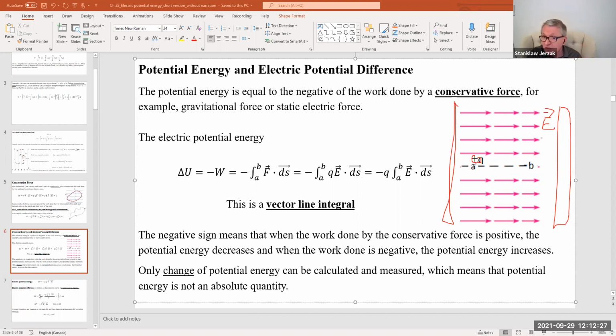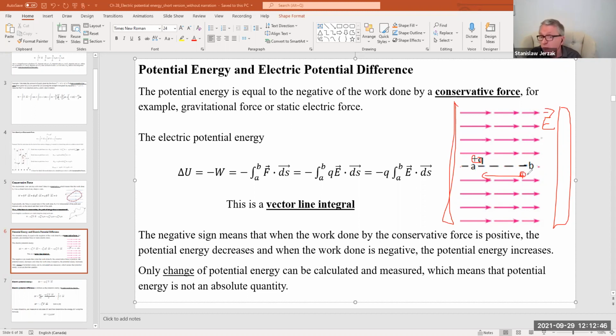So whenever a positive charge moves in the direction of the field, its potential energy decreases. But on the other hand, if the positive charge is moved in this direction, against the electric field, then potential energy would increase.